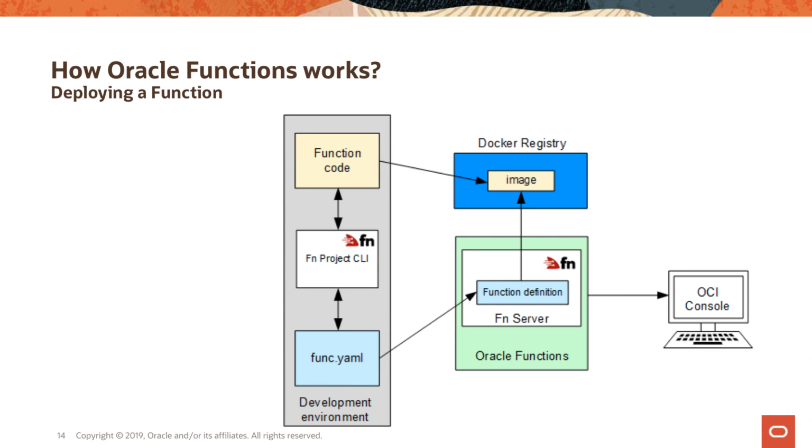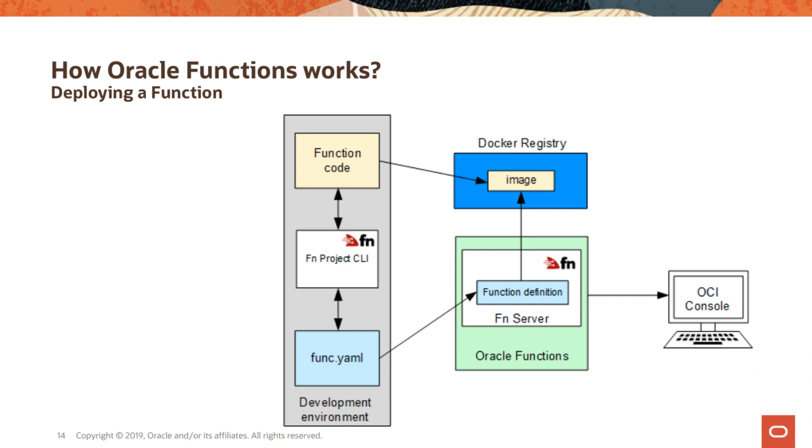So now let's look under the hood and see what happens when you are deploying a function. When you have written the code for a function and it's ready to deploy, you can use a single fn project CLI command to perform all the deploy operations in a sequence. We'll look at a demo, but what you essentially end up doing is building a Docker image from the function.